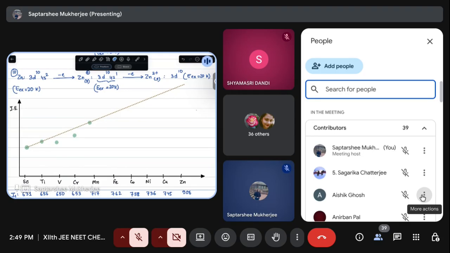Manganese to iron, we can see there is a large jump in value, but iron to cobalt, very little decrease, almost equal. Cobalt to nickel, there is a slight decline again.